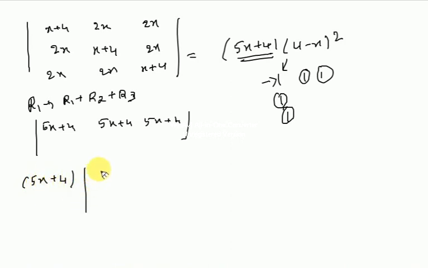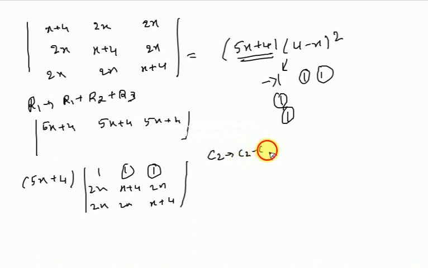If you take 5x plus 4 outside, we have 1 1 1; 2x, x plus 4, 2x; 2x, 2x, x plus 4. As I said earlier, if you have 1 1 1 in any row or column, you need to make the other two zeros, that is, C2 changes to C2 minus C1, and C3 changes to C3 minus C1.